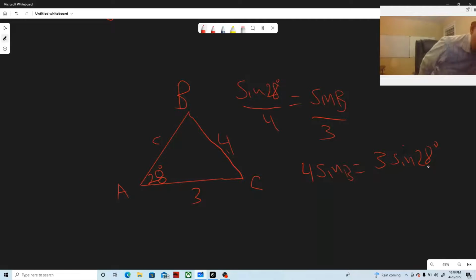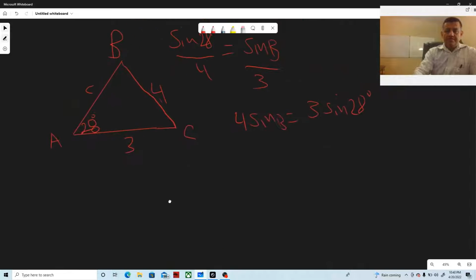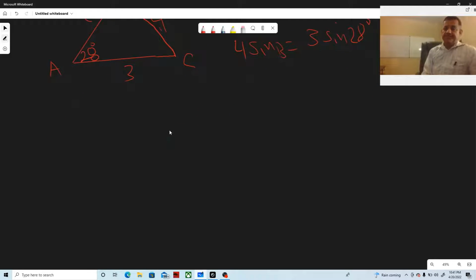Okay, so now we got this point. We can solve here for sine of B. In other words, we have to get rid of this 4, so that cancels out.